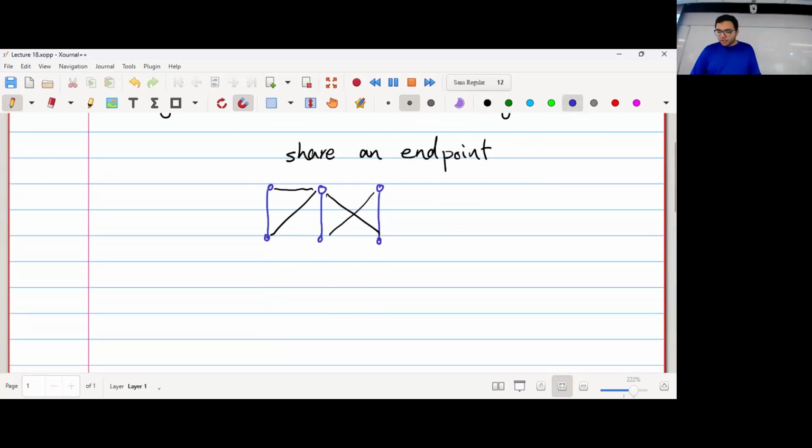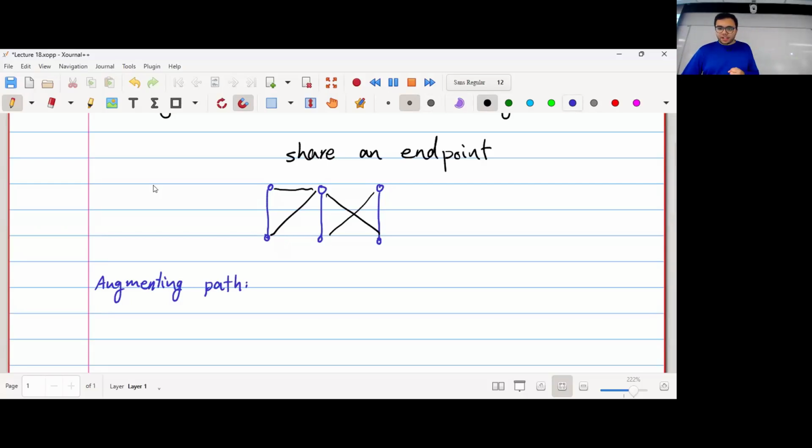Now, we also had this concept of an augmenting path. So given a graph G and a matching M, an augmenting path is a path that alternates between edges of M and edges outside of M, but it starts with an edge that is outside of M and also ends with an edge that is outside of M, right?